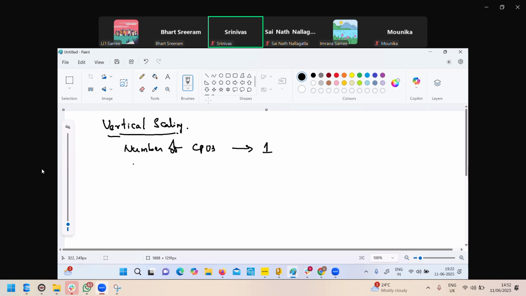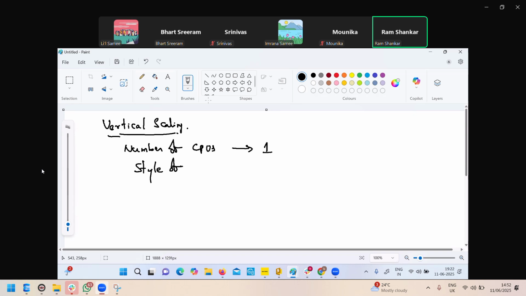What is the style of scaling? Vertical. That is the type. In the vertical type, how you are increasing capacity, that is called style. If RAM is not sufficient, what are you doing? You are adding one more RAM chip, right? Suppose you take processor.